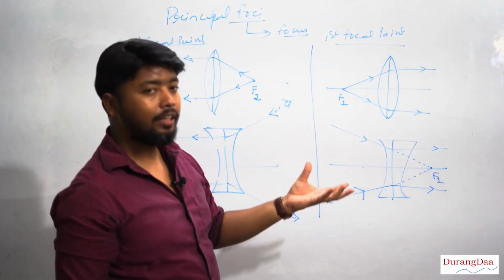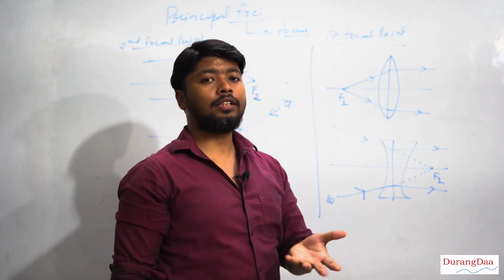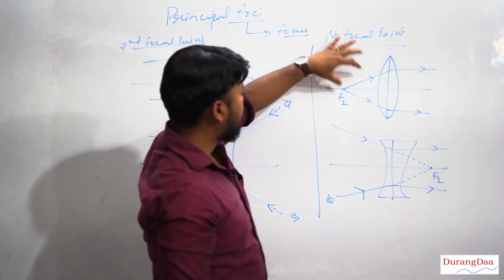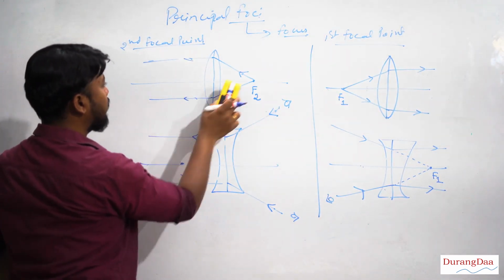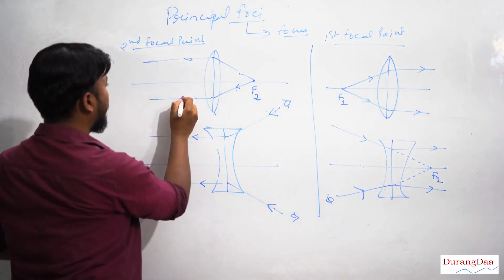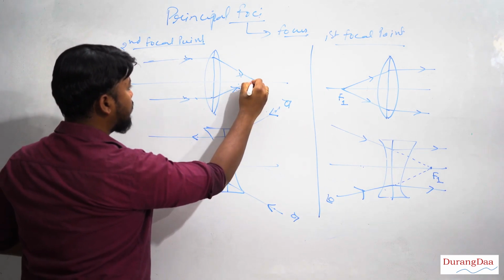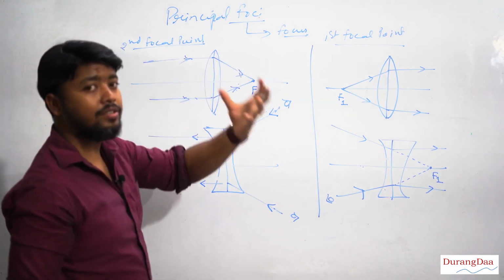Now, if this is clear, you can clearly understand the difference between the real focus and the virtual focus. See, in this case, if the light rays were coming like this, they would have met at this point F2. So here the rays are actually meeting, we are not imagining it.